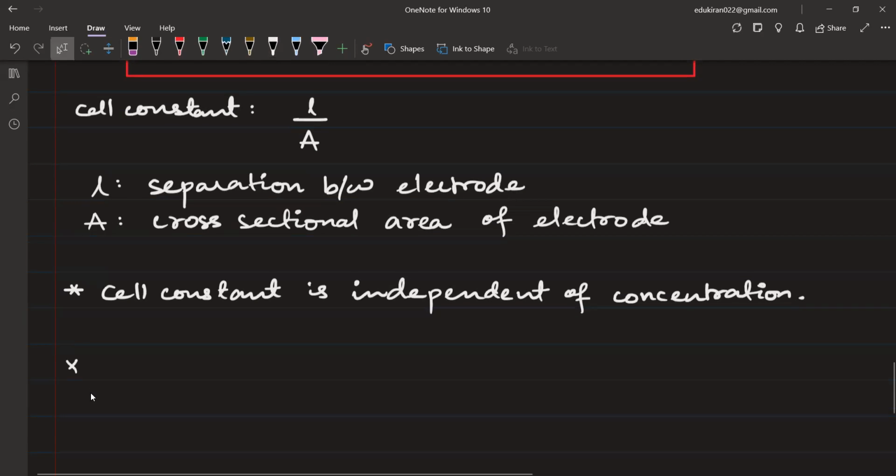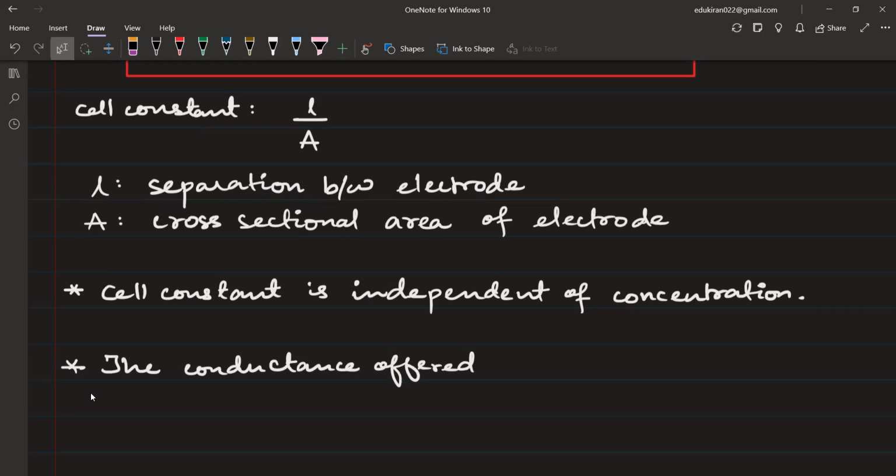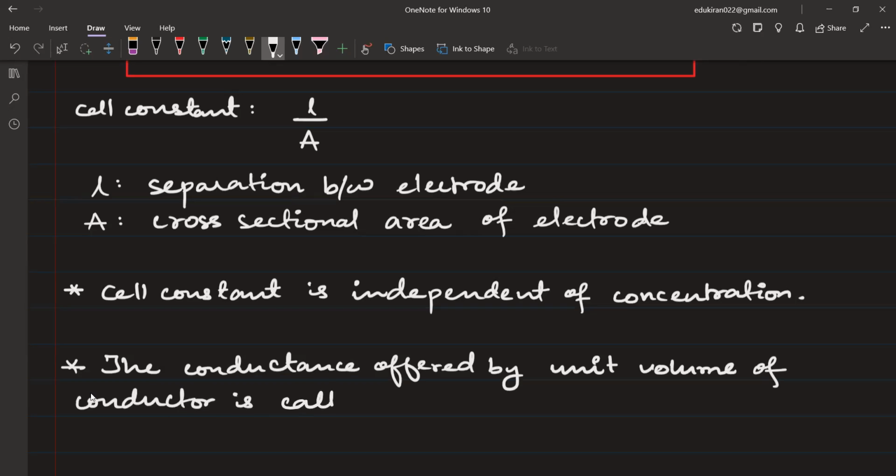Right, next point. The conductance offered by unit volume of conductor is called conductivity.